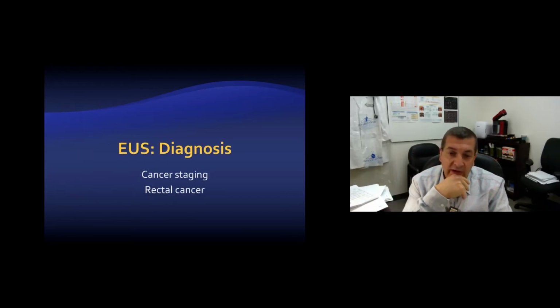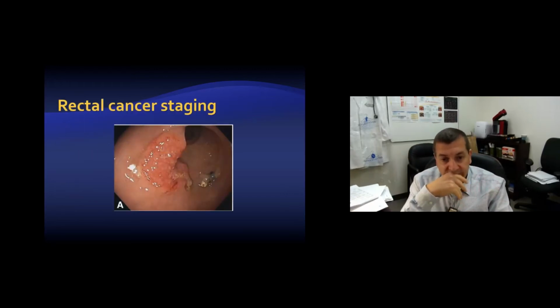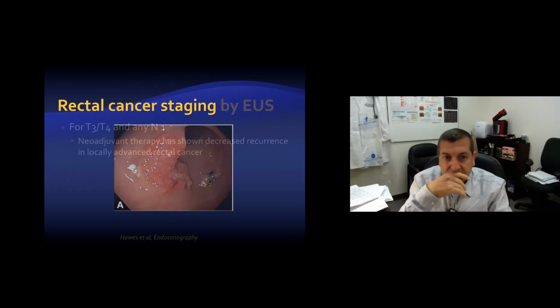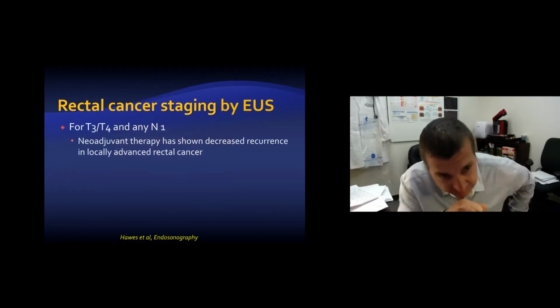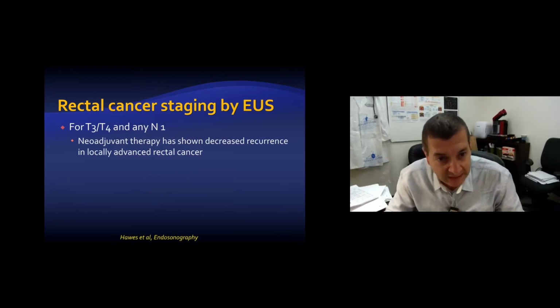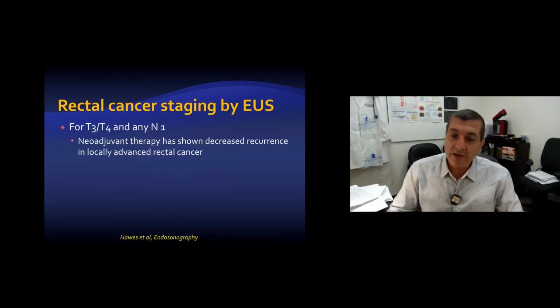How about cancer of the rectum, rectal cancer? Again, the same as esophageal tumor, it can be a great tool for TNM staging. And why do we need to do it?